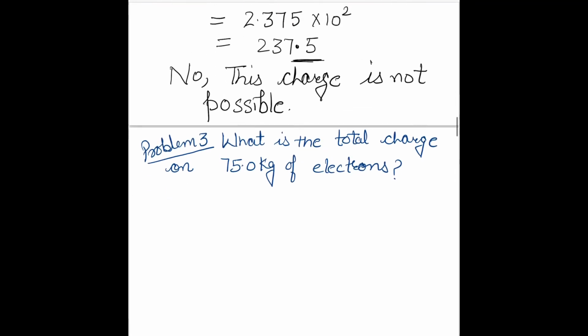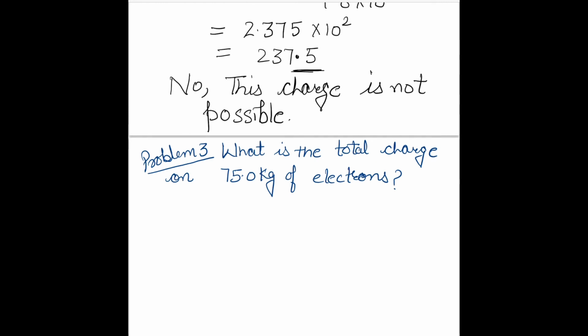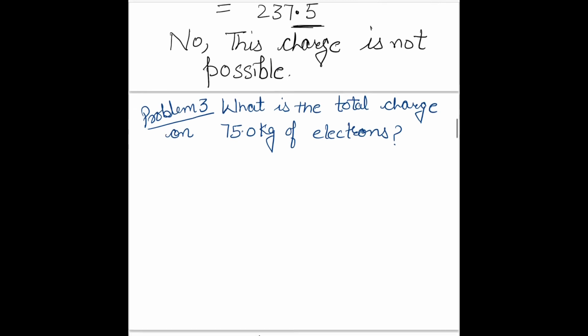Then the next question is, what is the total charge on 75 kg of electrons? If I provide you 75 kg of electrons, what will be the total charge on them? So what are you provided? You are provided 75 kg of electrons, right?